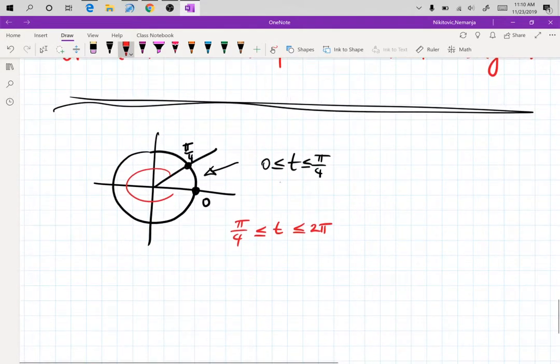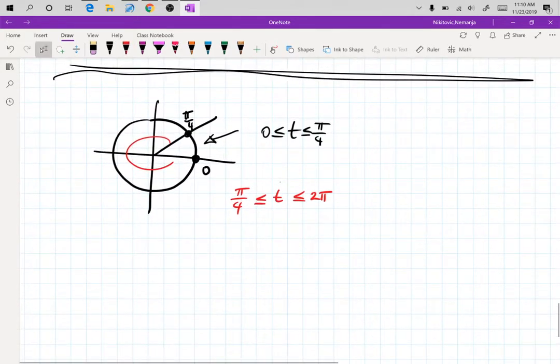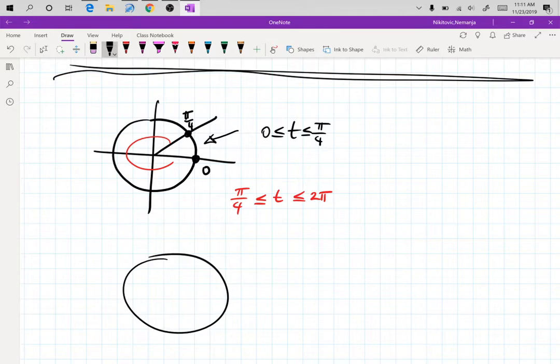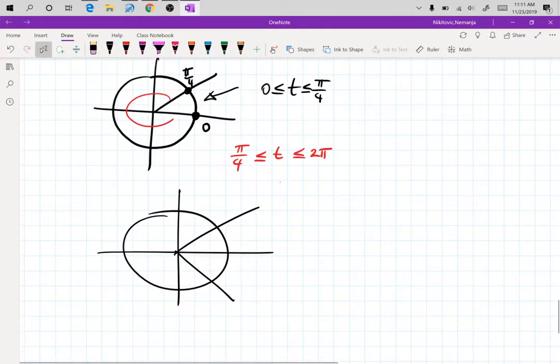Now, what happens if I want, now your question, I mean, is this clear? Okay, your question is this, and correct me if I'm wrong, obviously. What if I am here, and this is 7 pi over 4, and this is pi over 4? Not exactly.